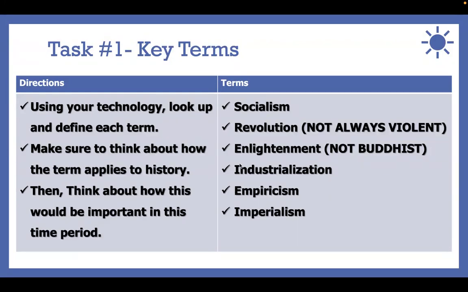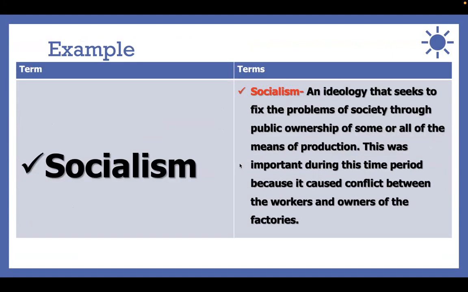So the one that I'm going to show you as an example is socialism. Socialism is defined as an ideology that seeks to fix the problems of society through public ownership of some or all of the means of production. So between 1750 and 1900, an ism known as socialism arises.